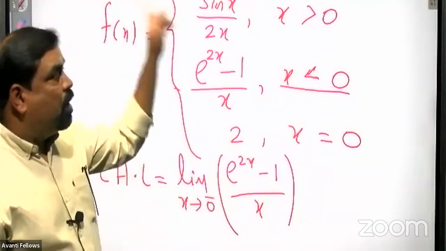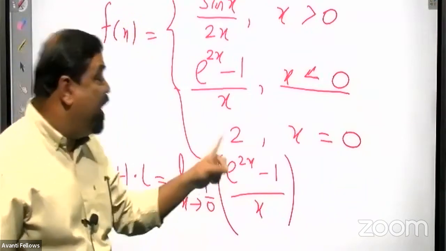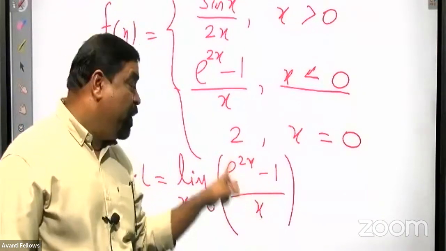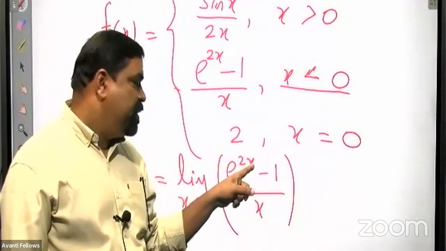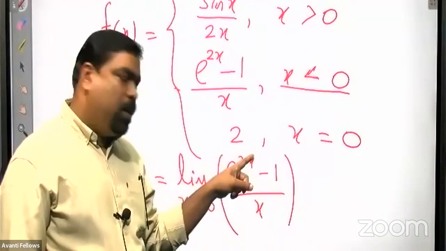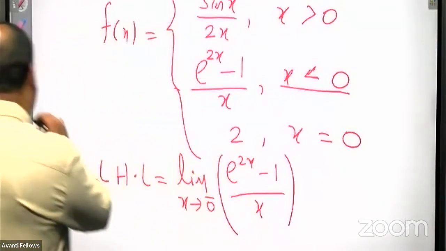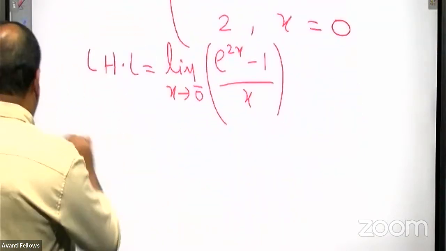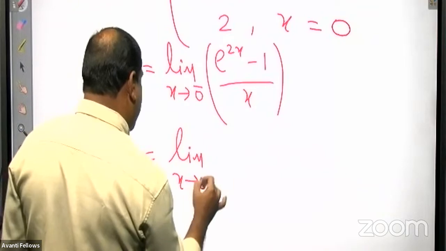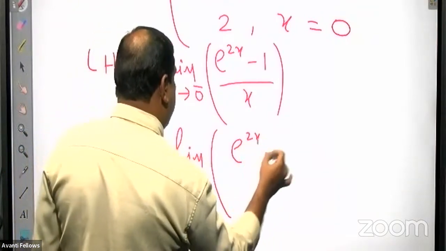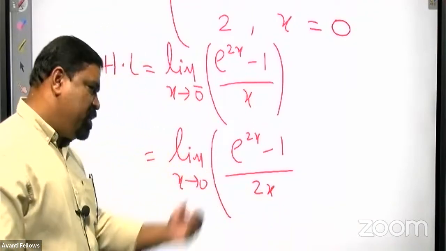For this, we have to remember the previous formula which I have told you just now. In that formula, it was e power x minus 1 divided by x, but here e power 2x is there. So we need to modify it to get the standard form. For that, we write limit as x tends to 0 of e power 2x minus 1 divided by 2x, since we require 2x in the denominator.